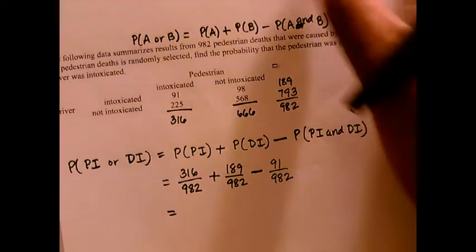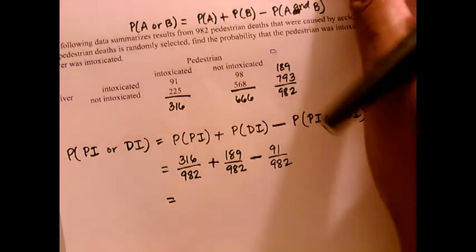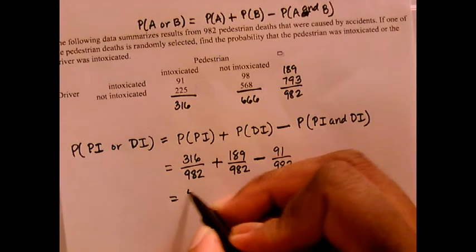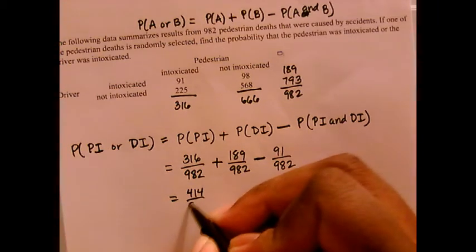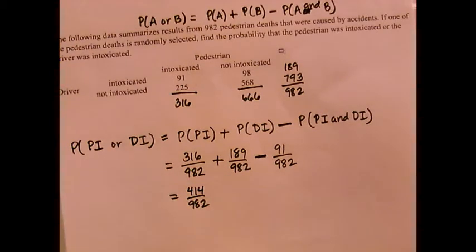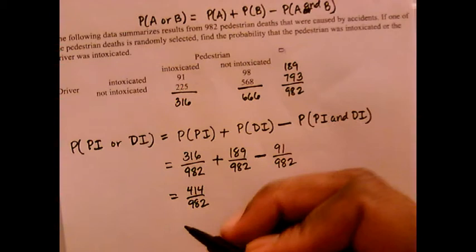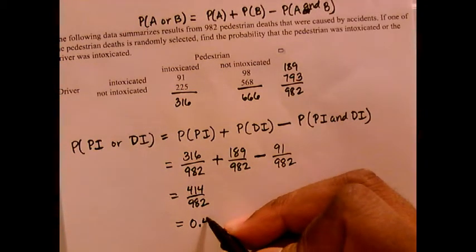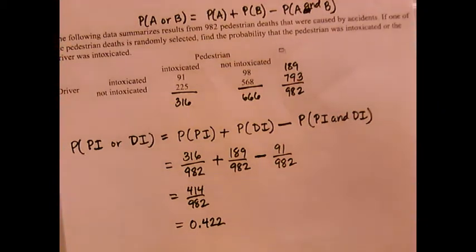Now if you add 316 to 189 minus 91, you're going to get 414. And then your common denominator is 982. So you have 414 over 982. And if you divide 414 by 982, you're going to get 0.422.